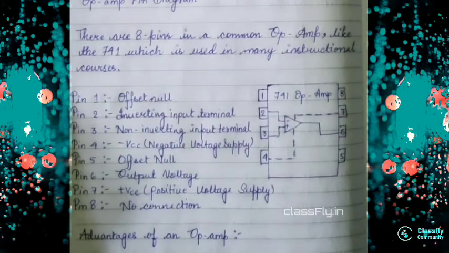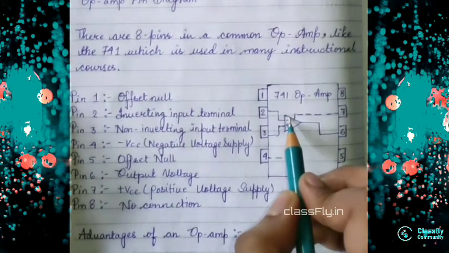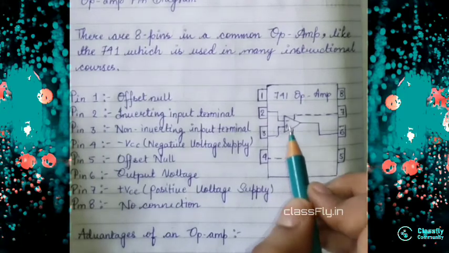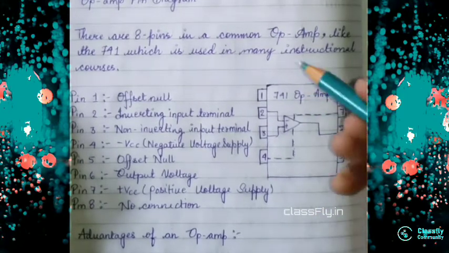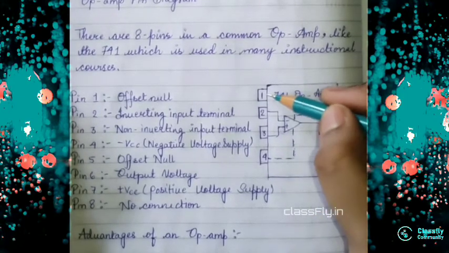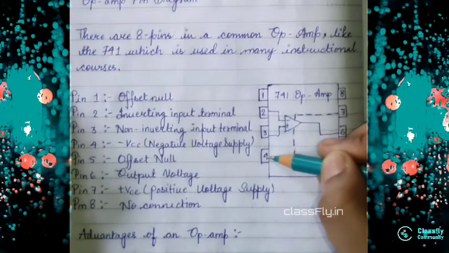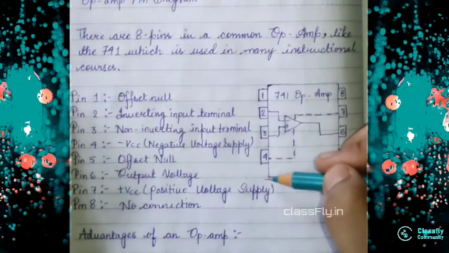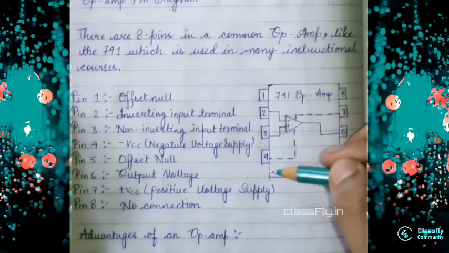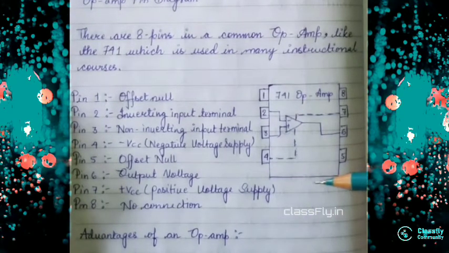In the op-amp we know one input is inverting and one is non-inverting, right? So it has 8 pins, starting from this side: 1, 2, 3, 4. These are the 4 pins on the left side of the op-amp, and the right side has the other 4 pins, which are 5, 6, 7 and 8.